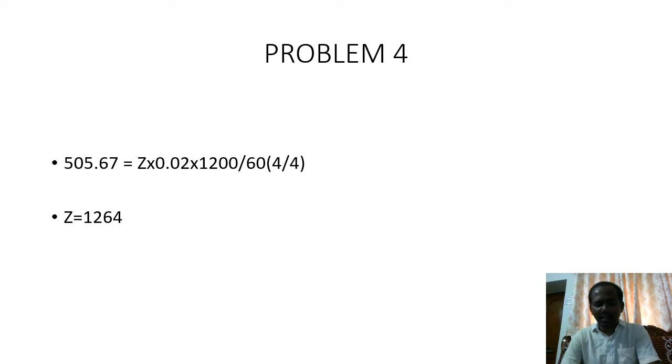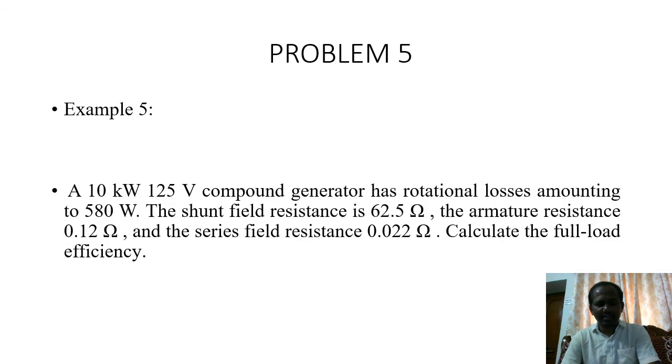Next slide. See, this is also a compound wound generator. Problem number 5. A 10 kilowatt, 125 volt compound generator has rotation losses amounting to 580 watts.